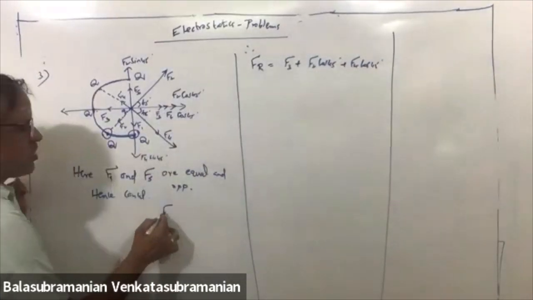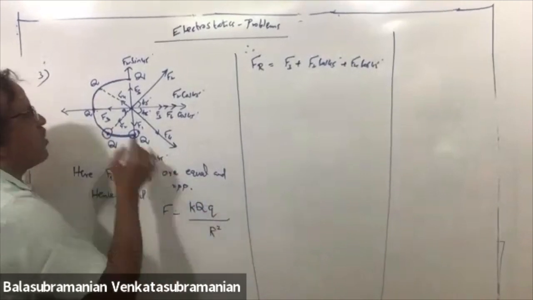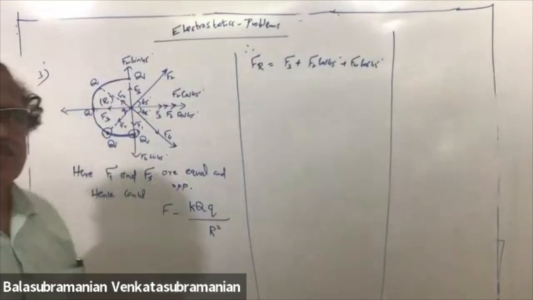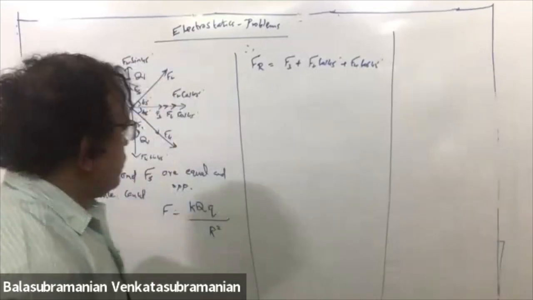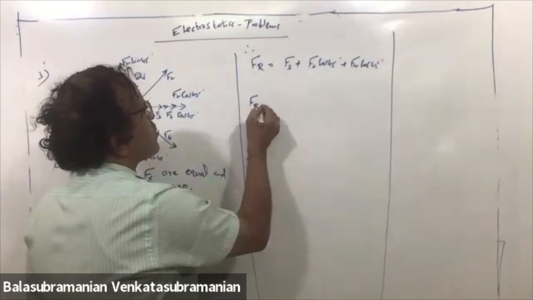Here force is K capital Q small q by R square. Capital R, radius is R. So KQq by R square, every force.